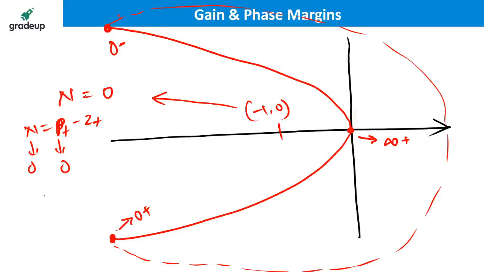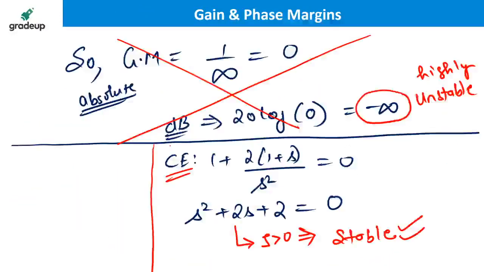Okay. So solving this, you get Z plus equal to 0, which means that the system is stable, as told by our characteristic equation also. And if a system is stable, its gain margin cannot be minus infinity. Its gain margin cannot be negative.